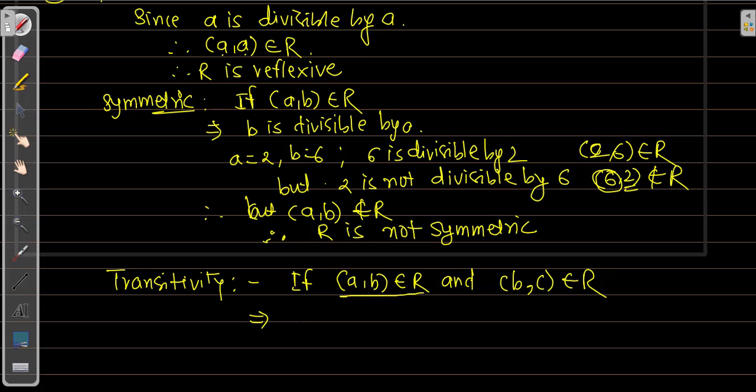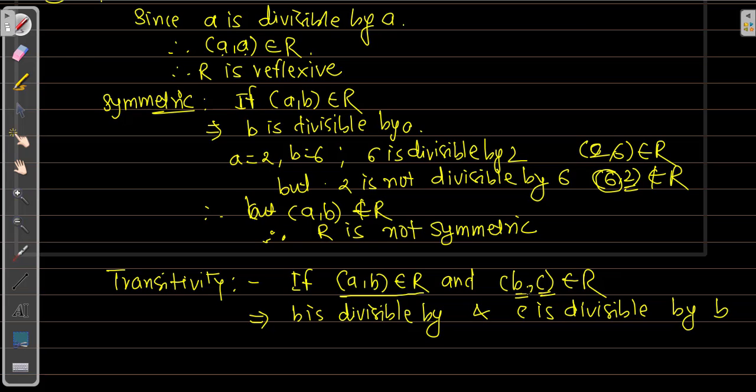We conclude that B is divisible by A, and from this relation C is divisible by B. Okay, second element is divisible by first element.